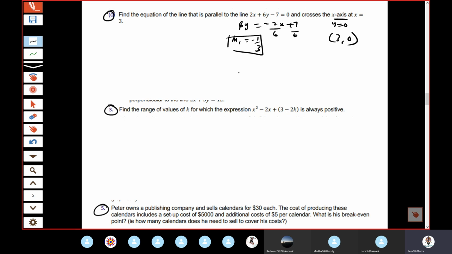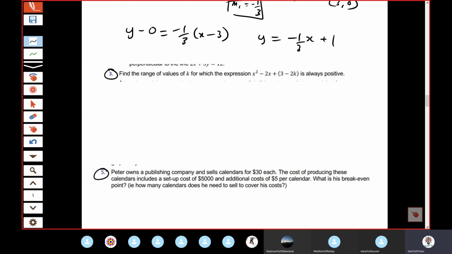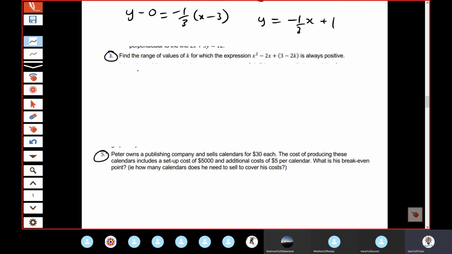So there's your point. y minus y1 equals m times x minus x1, y equals negative a third x plus 1. Easy. This one. Anyone got it out? What'd you use? Yeah, as you know it.